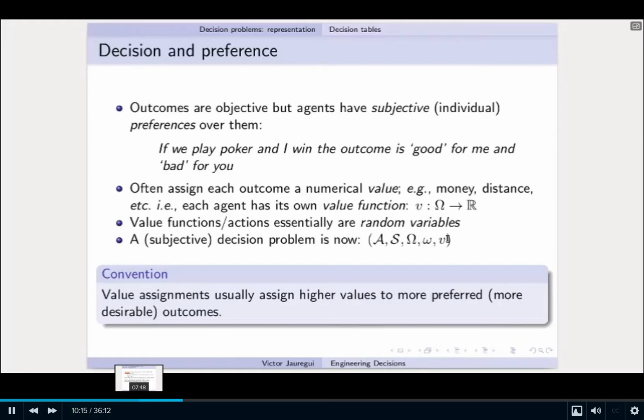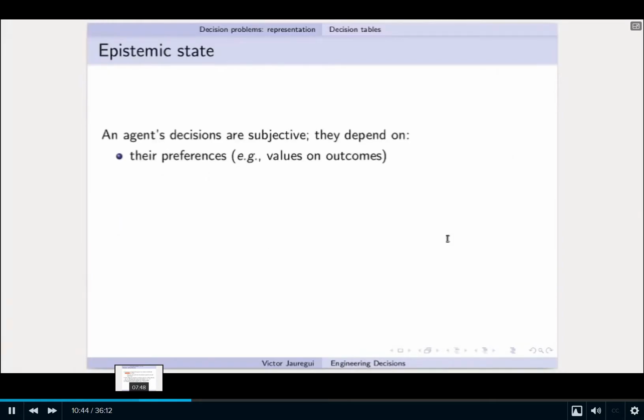So if we measured in terms of distance from where we disembark our mode of transport to our destination, then we prefer lower values. But in general, we're going to follow the convention that higher values mean more preferred outcomes. Maybe a better way of putting it is we assign more preferred outcomes higher values.